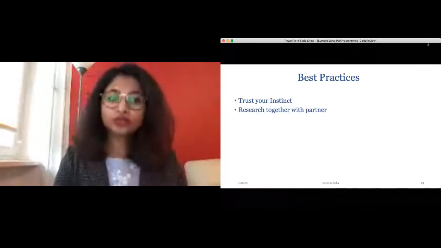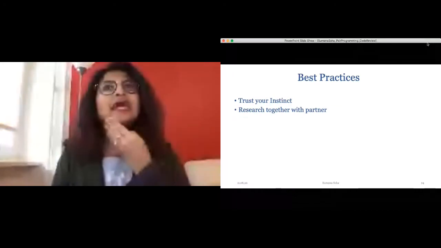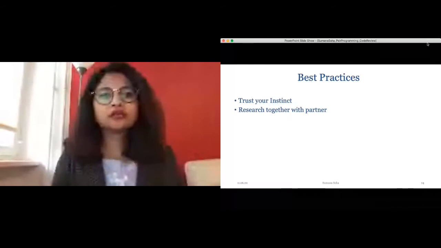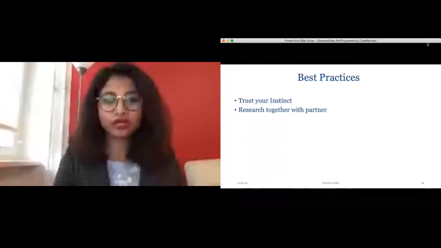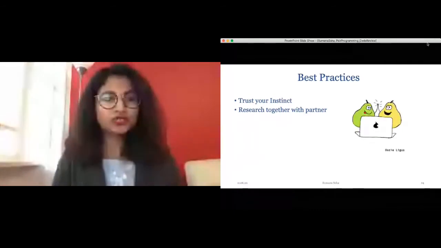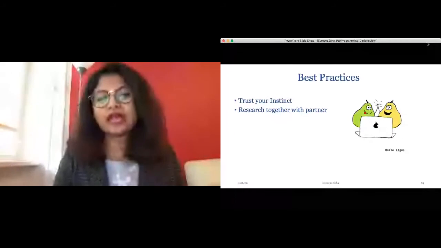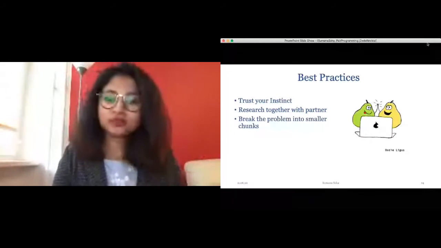Then research together with your partner. That means whenever you have decided your pairing partner, you need to research together if you don't know anything. They are happy because they have researched together and found at least one direction to go. Then break the problem into smaller chunks.